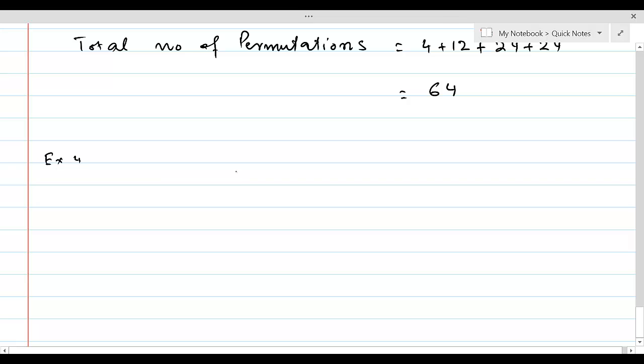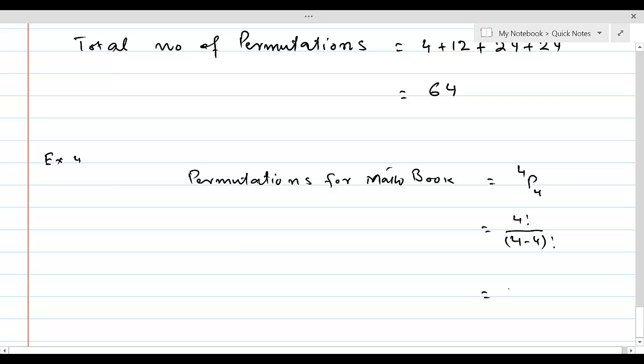So we can write example number 4. Permutations for math books are equal to 4P4, because we will be using all 4 of them, and this will be equal to 4 factorial over 4 minus 4 factorial.